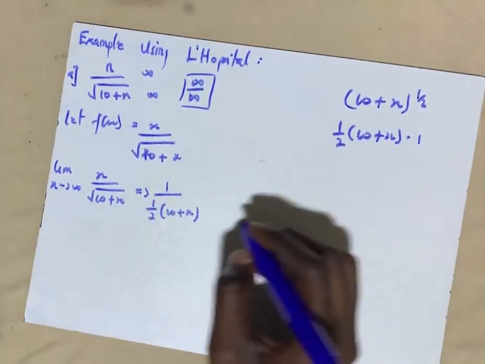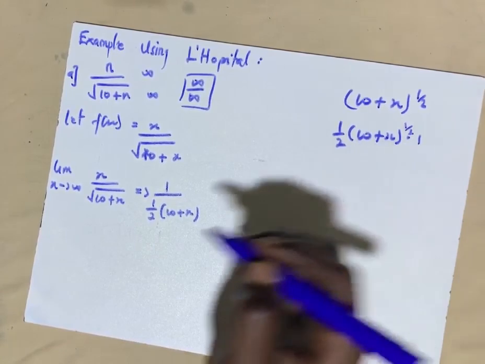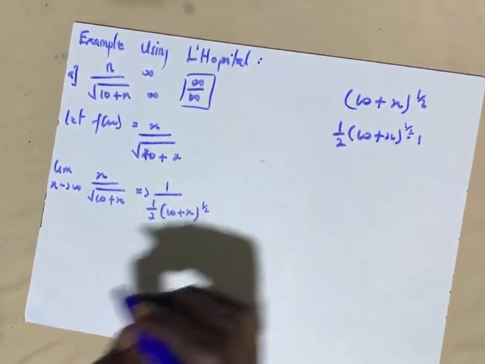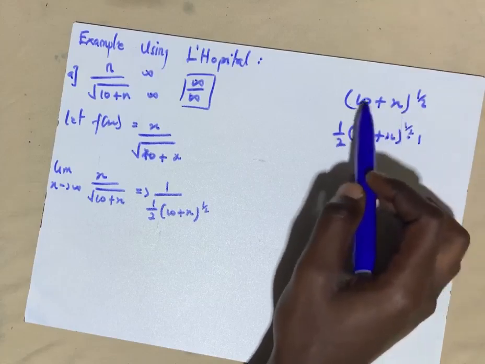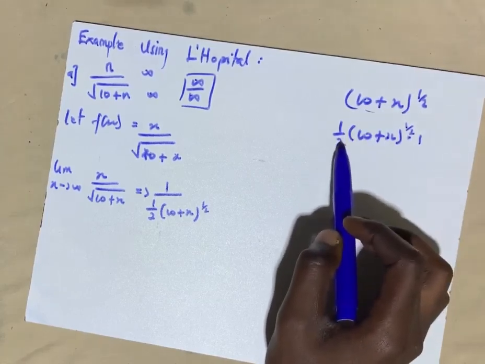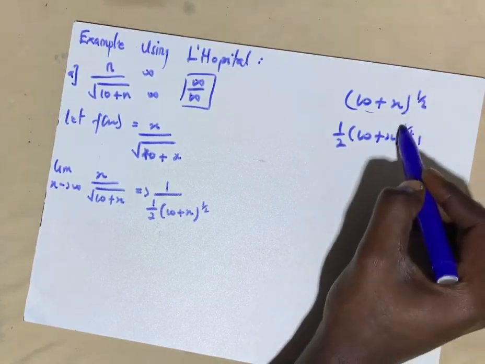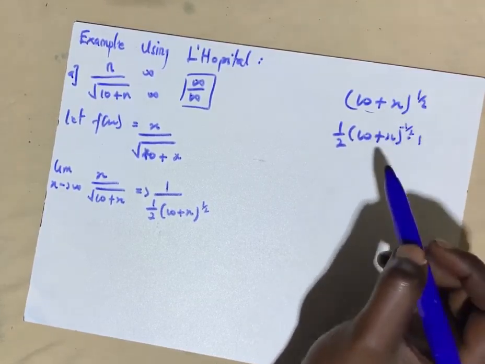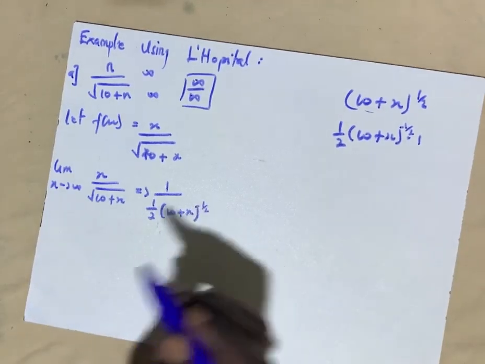And remember, we forgot to add this half over here as well. So we get our half over here, because anytime we differentiate, you multiply the expression by the exponent, then you subtract 1 from it. Anytime you subtract 1 from half, you are going to get negative half. So we are going to get negative half over here.